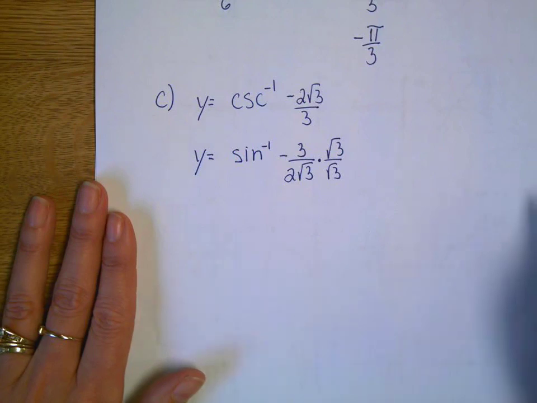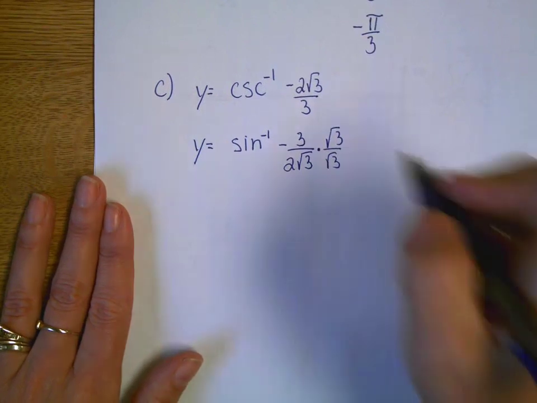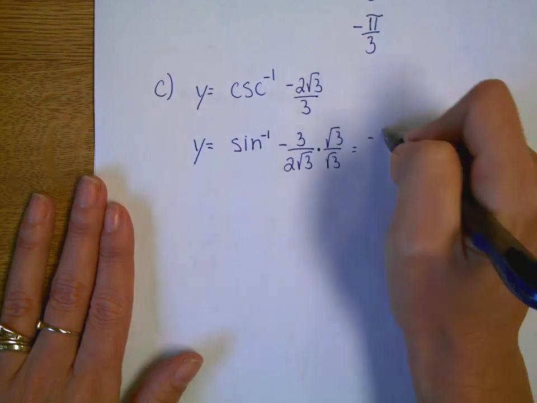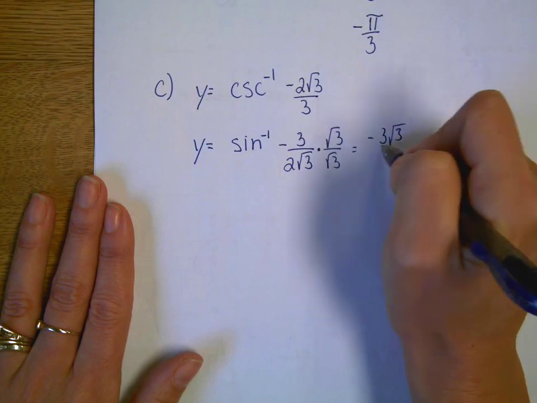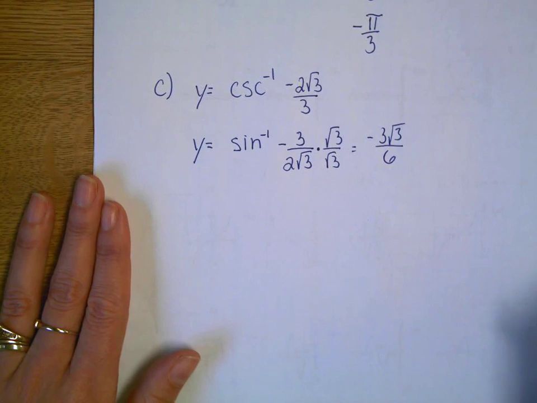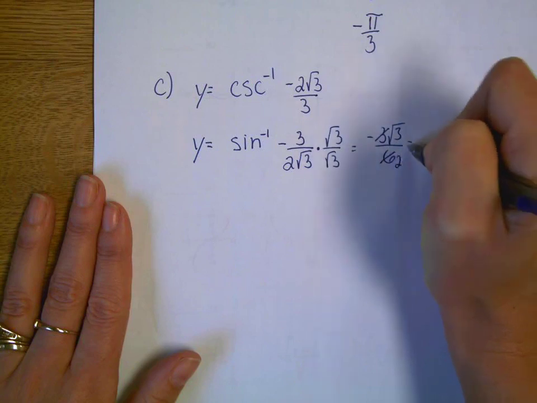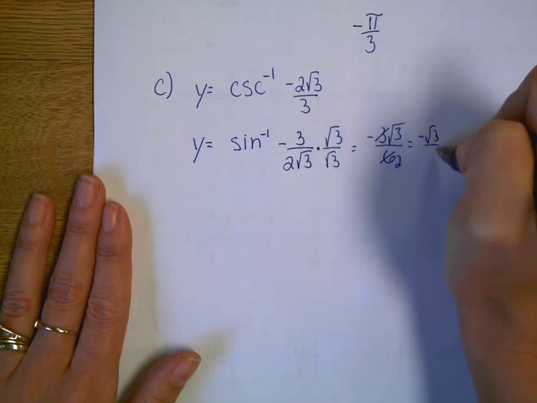Okay. So what does this turn into? Negative square root of 3 over 2. Before I simplify it, yeah, now I can reduce. So, negative square root of 3 over 2.